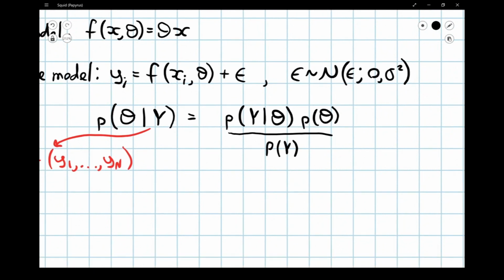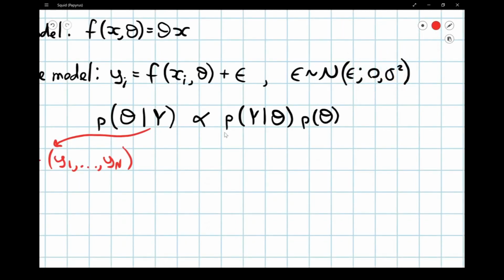So the first thing we're going to do to make our lives a bit easier is we notice that the term on the denominator is a constant, as in it's not a function of theta at all. So we can just say that the probability of theta given y is proportional to these two things.